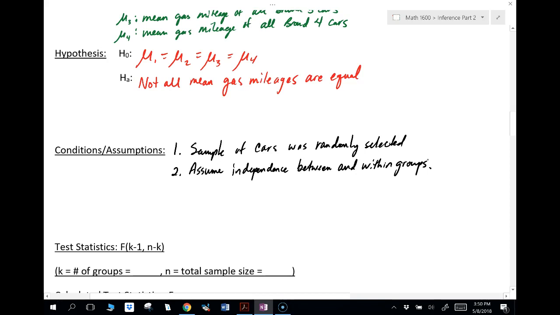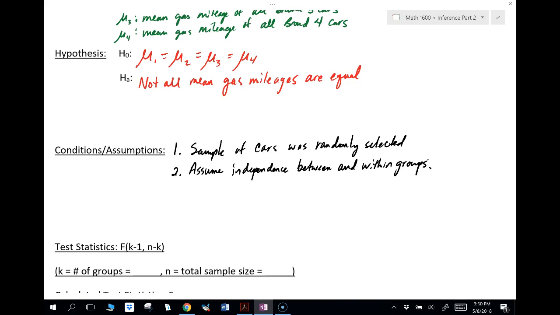Contextually, it just means that no cars were used twice. The gas mileage for one car doesn't affect the gas mileage of another car in one group, and there's no car that's both types of brands. Does that make sense? So that's contextually what we're talking about.